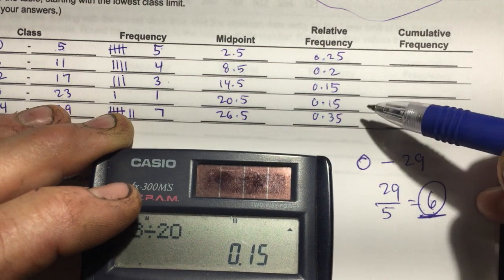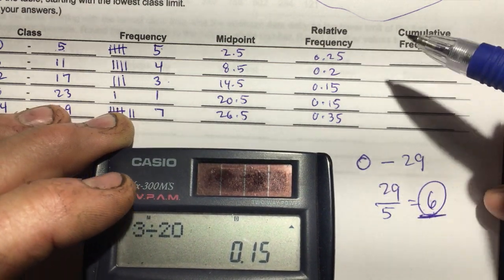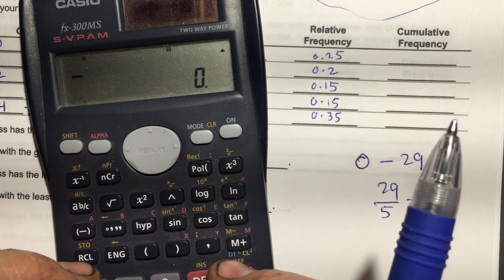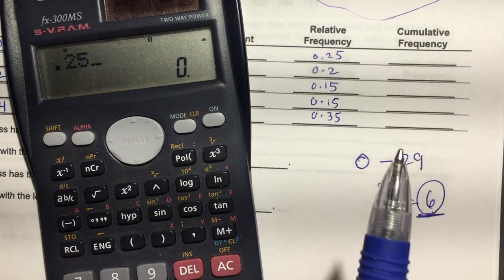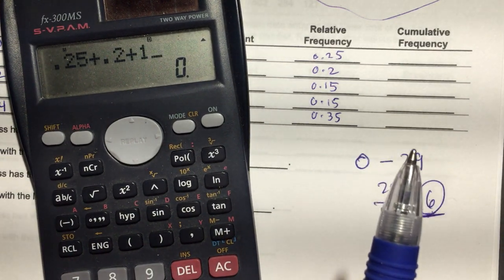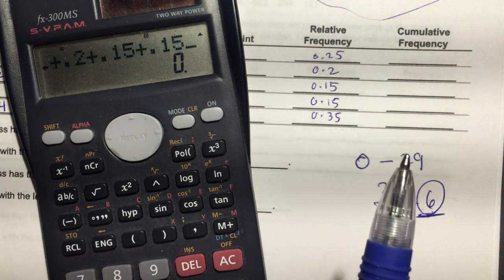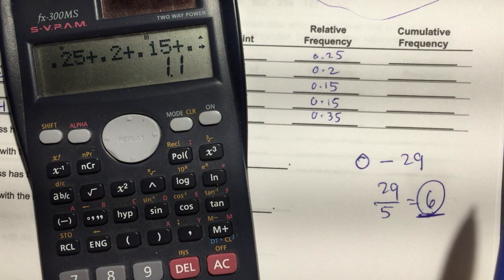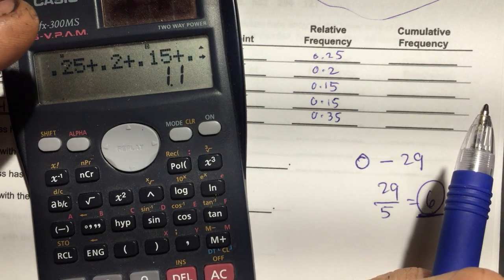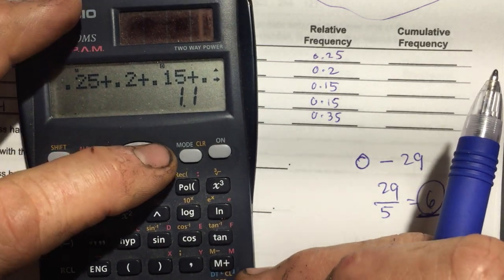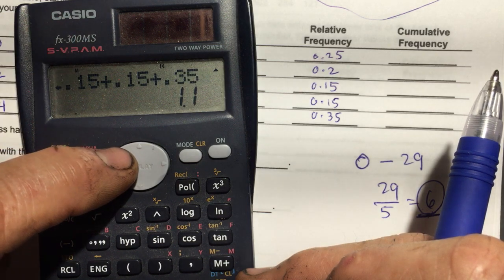Okay. Now if I add all these up, it should add up to 1. I'm going to do that real quick. 0.25 plus 0.2 plus 0.15 plus 0.15 plus 0.35, 1.1. It should add up to 1.